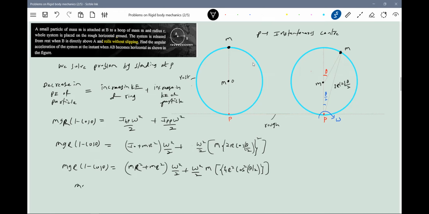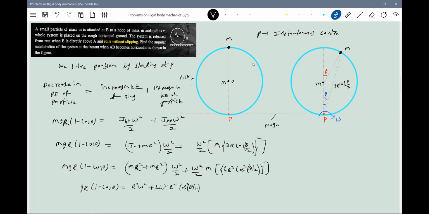Further we'll simplify. The m will get cancelled out, so there won't be 2mr square here, just mr square. So this will become r square omega square. Here 1, 2. So this will be 2 omega square r square cos square theta by 2. One r also gets eliminated. Then we'll get the expression for omega as a function of theta.